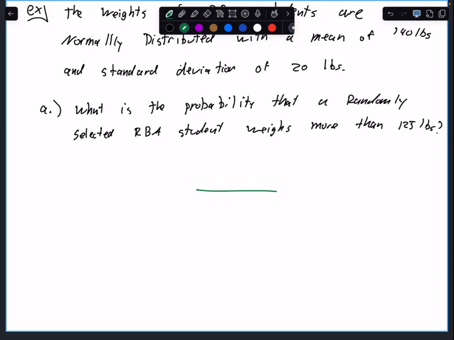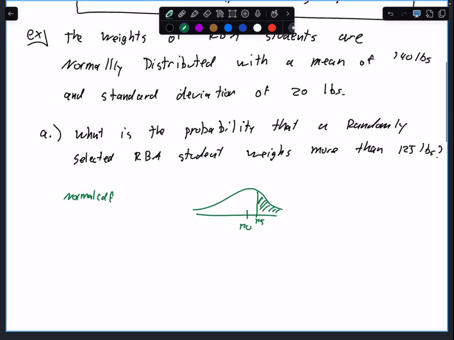We'll draw our sketch. All right, there's my sketch. The center is 120. We want more than 125 pounds. And so we're going to do a normal. Did I? Yes, I did. 140, 125 there.